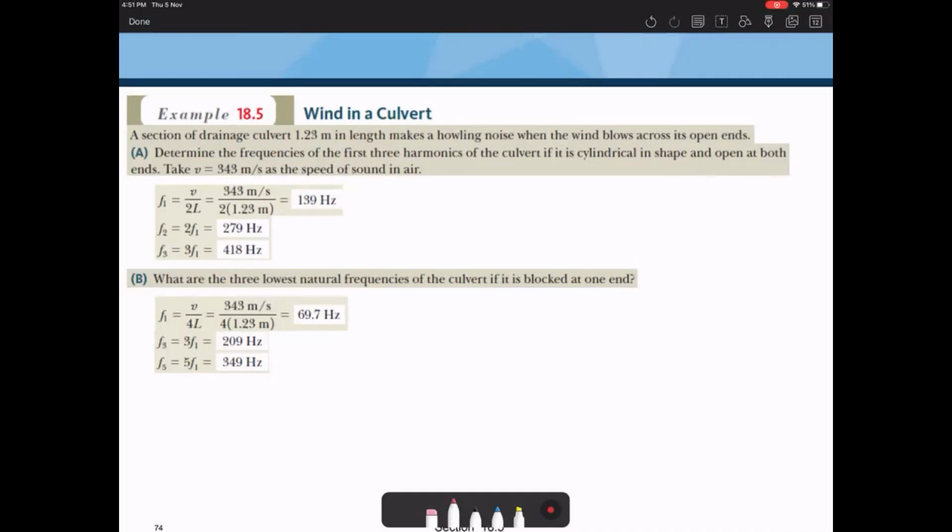When you blow at the open end, it would make a sound. And this is a tube which would be closed at the other end due to the presence of the water. Or let me see. No, it is a drainage culvert across its open end. Sorry, across its open end. So it is actually a tube open at both ends. It is a tube open at both ends.